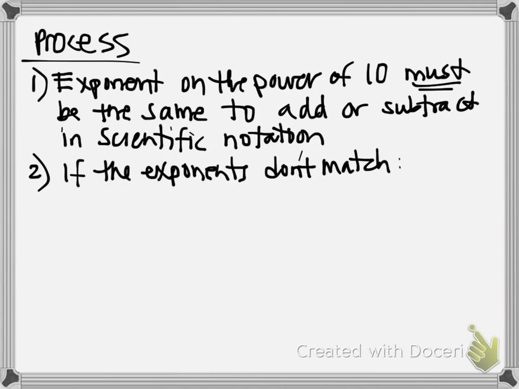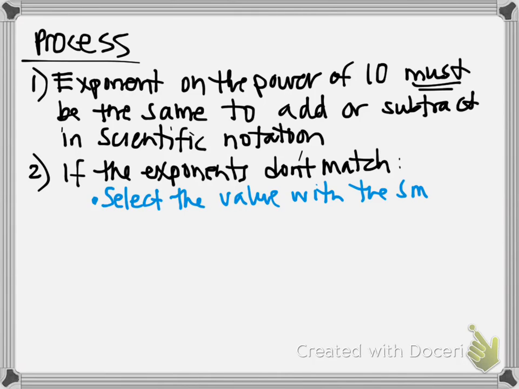So if the exponents don't match, first you're going to select the value with the smaller exponent. Now in the example we had, there was a difference of 1. You may have examples where the difference is more than 1. It just depends upon what those exponent numbers are.